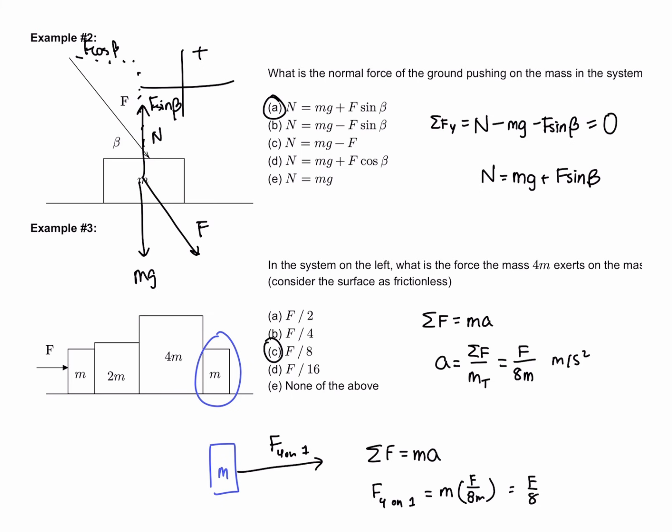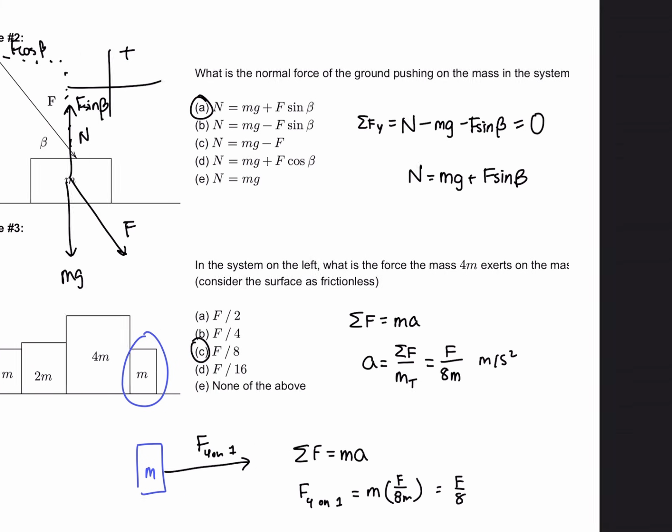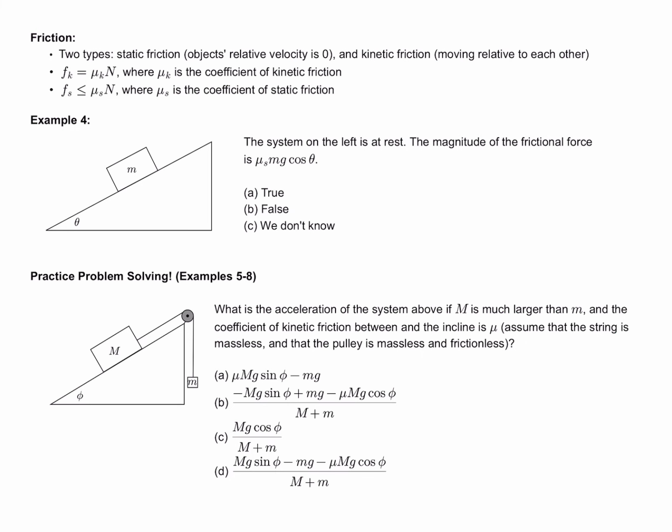So answer C. That should conceptually make sense, because this mass 4m is only pushing this one block forward, whereas this force F is pushing all 4 blocks forward, thus the magnitude is bigger. So make sure you're always doing those conceptual checks to make sure you understand what's happening. Okay, so friction, yay!